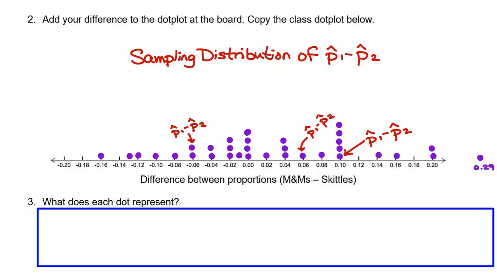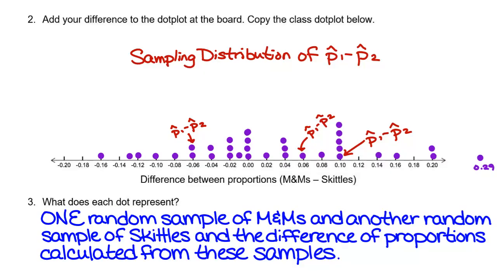AKA, it's insane. This is why we don't. So, what does each dot represent? We have one random sample of M&Ms, a different random sample of Skittles, and the difference of proportions calculated from these samples.